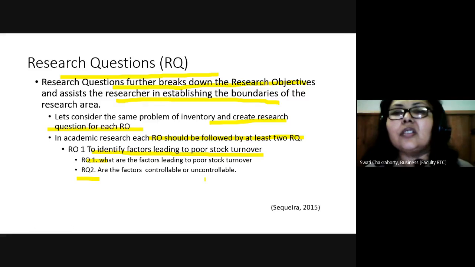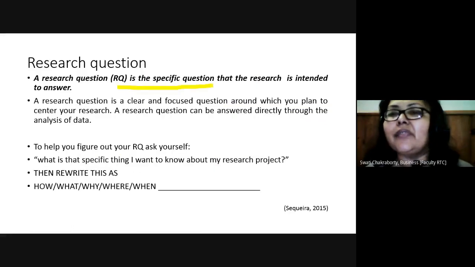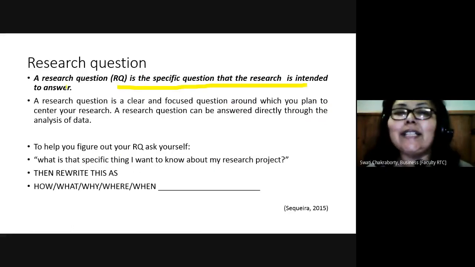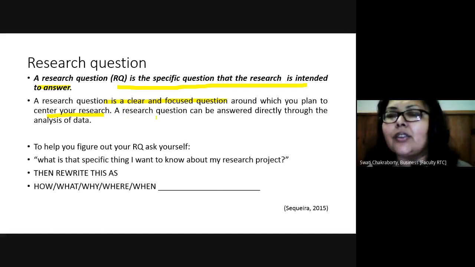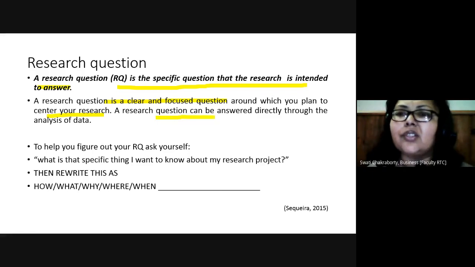A research question is a specific question that the research intends to answer. It has to be clear and focused, so that you can plan your research around it. Whatever your research question is, you can get your answer directly through data analysis. Data analysis helps you in answering your research question.